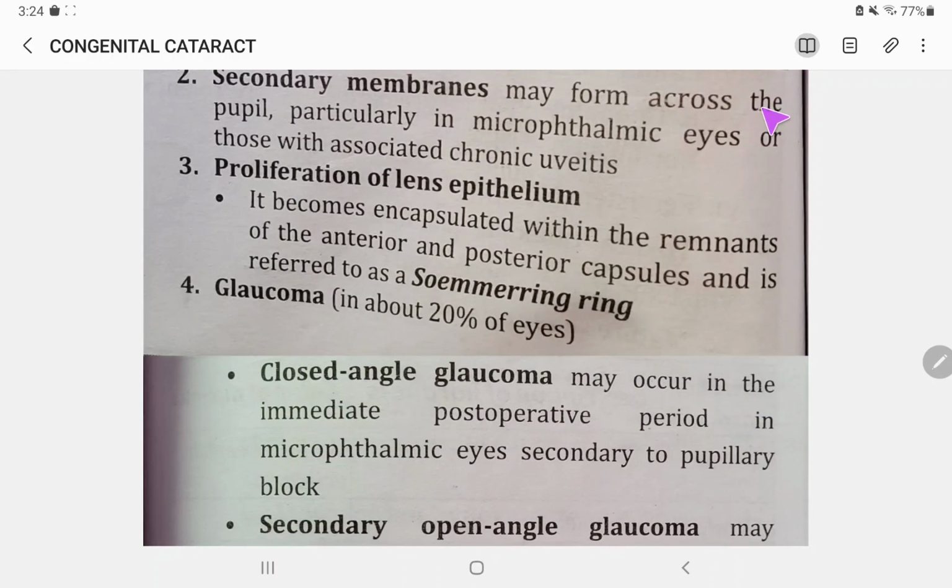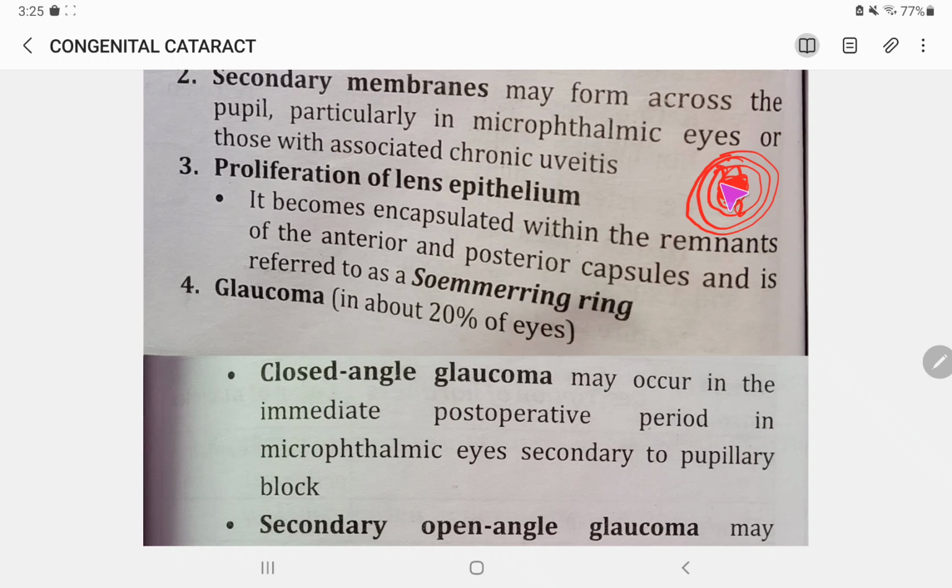And then proliferation of the lens epithelium after surgery. Suppose this is the capsule, and inside is the lens. We incise like this and then emulsify, phacoemulsification, and the lens is removed, and then we put in an intraocular lens with haptic and optic.